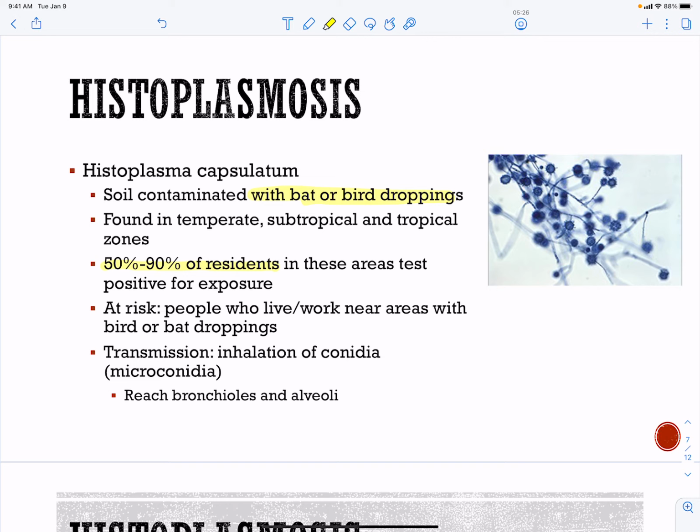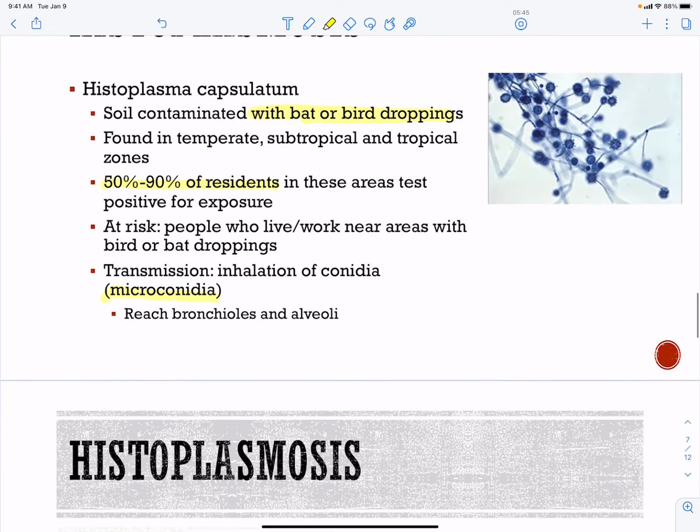But if you're immune competent, your CD8 T cells will clear this infection and you will not be at risk. People who are at risk work in areas where there are bird and bat droppings and also have some sort of immune compromised state. Inhalation of the microconidia is going to cause your infection, and then they're going to spread.